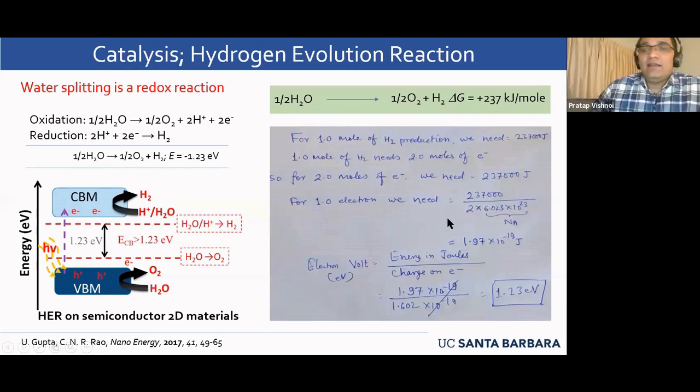And I think all of you know the number is 6.023 times 10 to the power 23, so 2 moles of electrons will be equal to 2 times this number of electrons. So per electron, you will end up with an energy requirement of the order of 10 to the power minus 19 joule. So what it says is, to take part in this reaction, you need to provide that much energy.